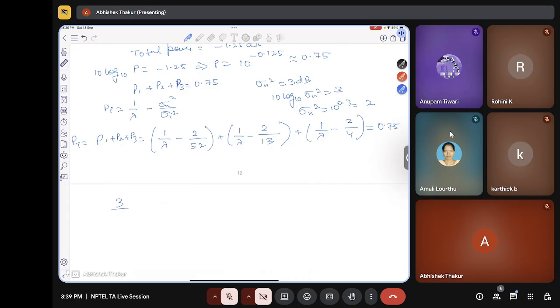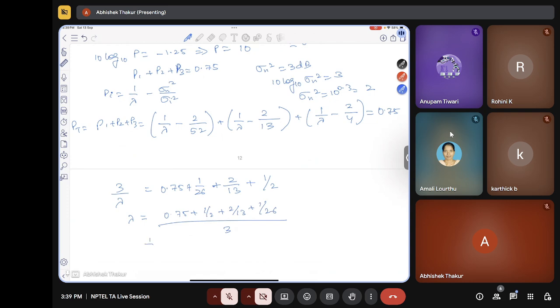So now we can do the summation. 3 by lambda is equal to 0.75 plus 1 by 26 plus 2 by 13 plus 1 by 2. So we will get 1 by lambda equal to 0.75 plus half plus 2 by 13 plus 1 by 26, divided by 3. When you solve this, you will get 0.48.